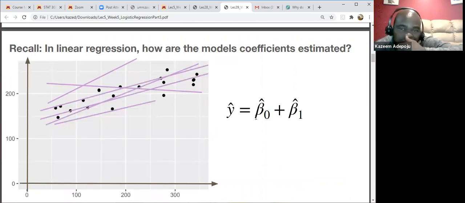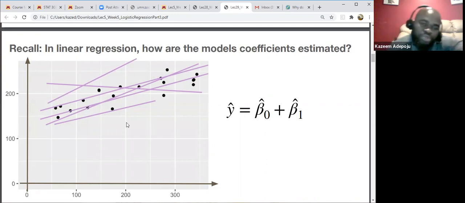Recall in linear regression, how are the model's coefficients estimated? I told you in the linear regression that we just did, the model parameters, the beta naught and the beta 1, are estimated using the method of least squares. That's what I'm trying to show you right here, where we're looking for the best line of fit.